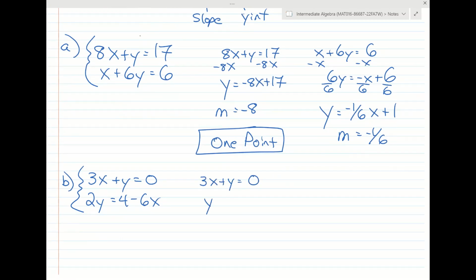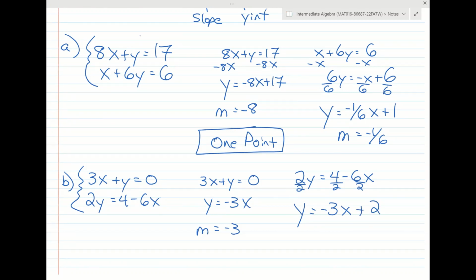We'll get the y by itself. So our slope is negative 3. And the other line, 2y equals 4 minus 6x. We'll divide by 2. We'll get y is equal to negative 3x plus 2. So it looks like they have the same slope and different y-intercepts. These lines are parallel, no solution.